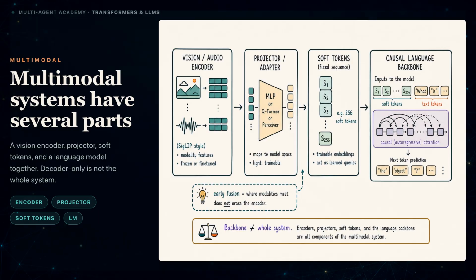Even with early fusion, a vision encoder still prepares the image before that join. So the full system has several parts: a modality encoder, a projector, a fusion point, and a language model that may be decoder-only. The language model is not the whole system. Video 8 covers multimodal representation in depth. For now, keep the parts distinct.